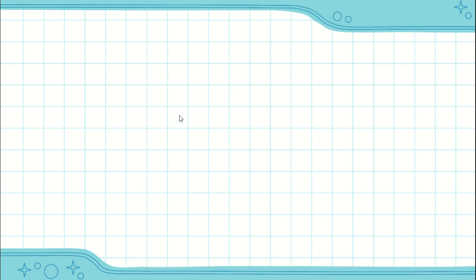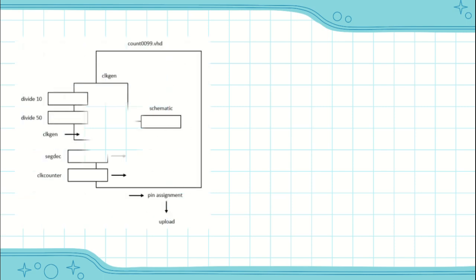Okay, next, task 2 is to create the 7-segment counter. First, to create the 7-segment counter, we need to follow the given picture here.